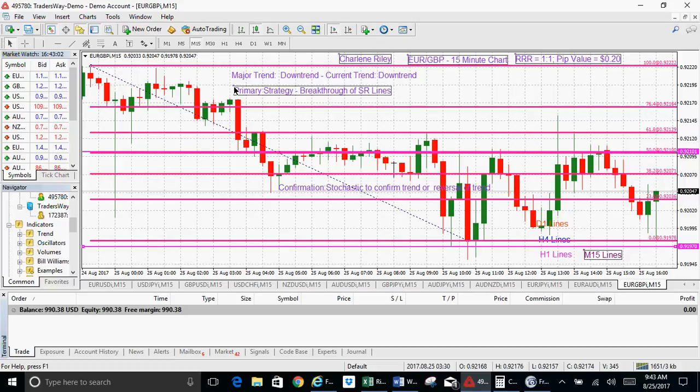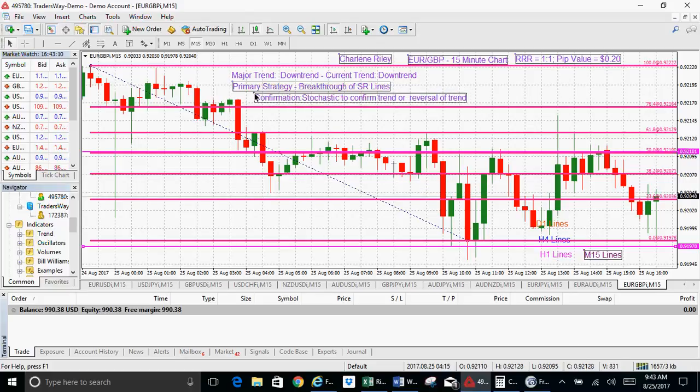Now, like I said, my major primary strategy is breakthroughs of support and resistance, and then I can use the stochastic oscillator to confirm the trend or a reversal of the trend.